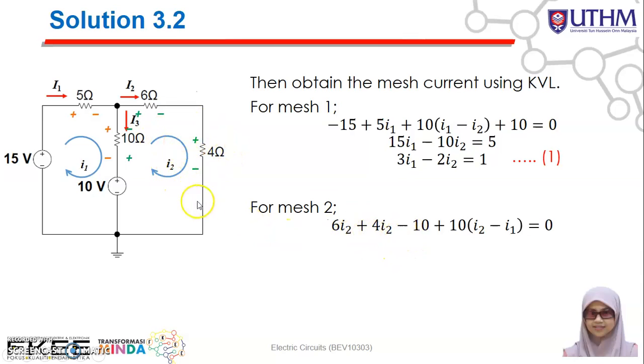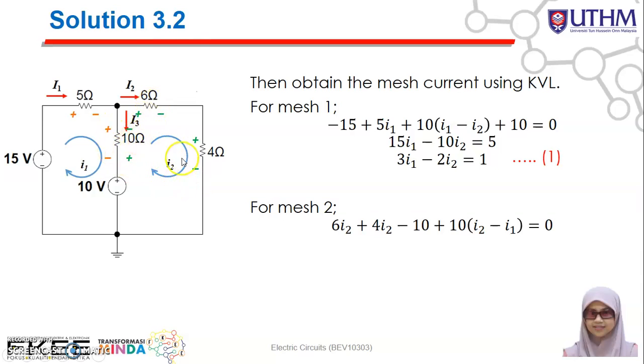And then here I have a negative 10 volt, plus the voltage across the 10 ohm, which is 10 multiplied with (I2 minus I1). Remember, here the polarity is positive, negative, so that's why we get the same direction of flow, I2.